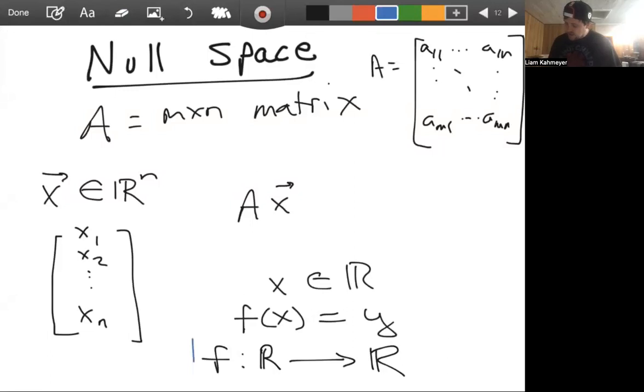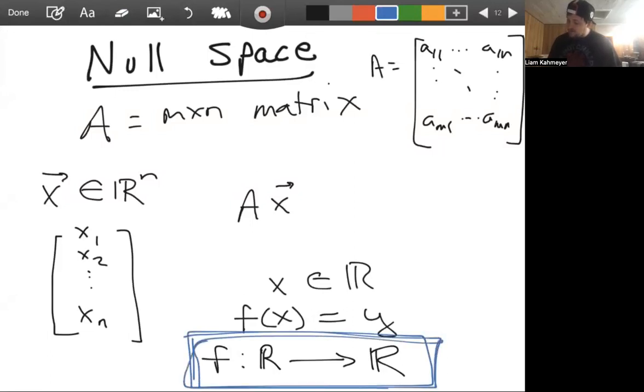And this function notation here is very, very common and standard. And what this is saying is that F is a function where the input is a real number, and the output is a real number, right? It's a function, right?